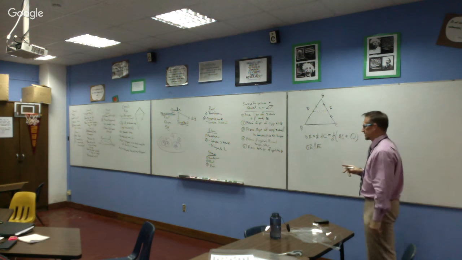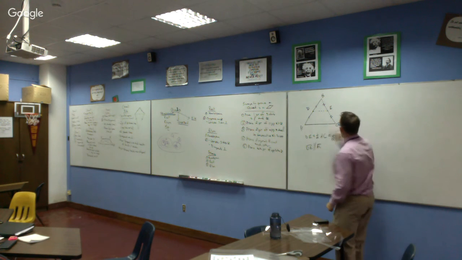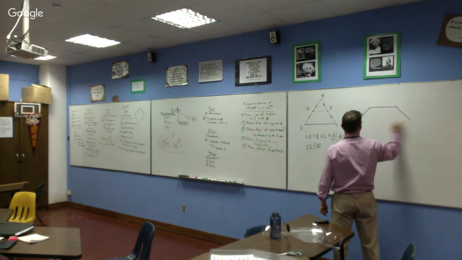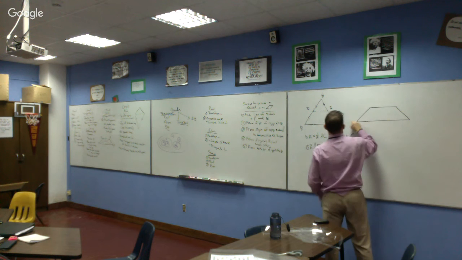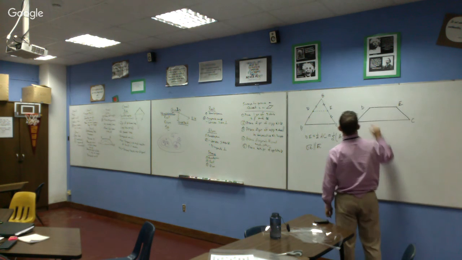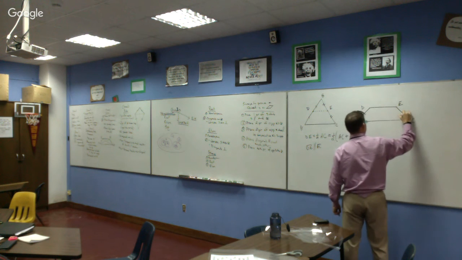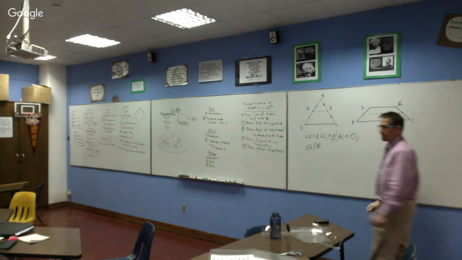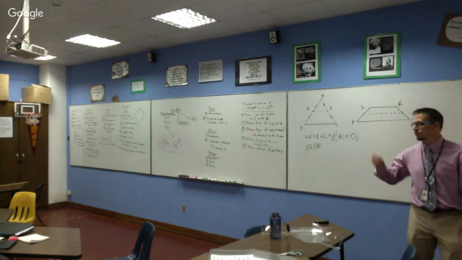But when I look at this, because now, if I take this trapezoid, A, D, E, and C, now do it again. What do you think is going to happen?